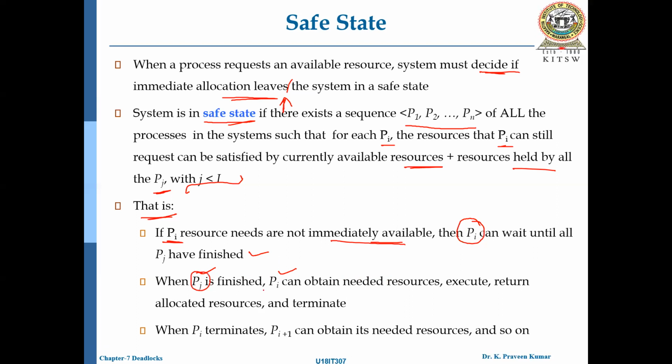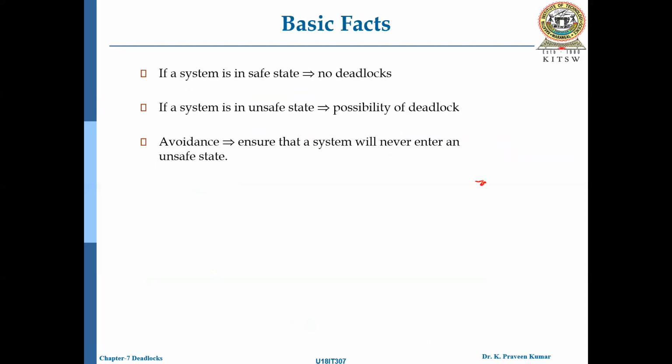If Pj is completed, the resources must be allocated to Pi, and Pj must execute, return the allocated resources and terminate. When Pi terminates, Pi plus 1 can obtain its needed resources, and so on. If the system follows this process, there is much less chance of getting into a deadlock state. That is what we generally call a safe state.